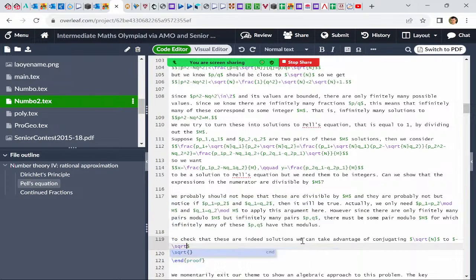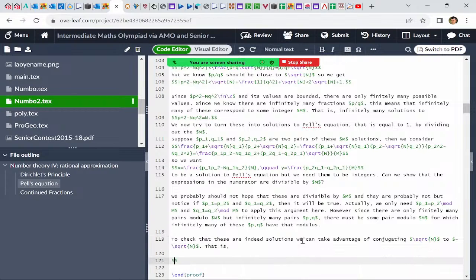Minus square root n. Yeah? So you choose x, so x squared minus ny squared equals. This is where you do this fraction thing.